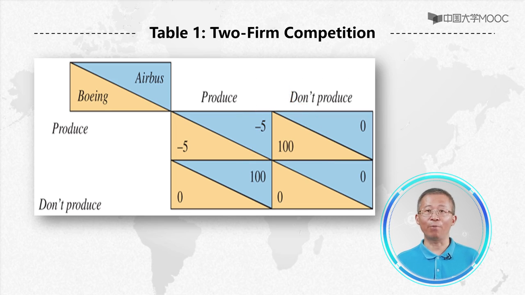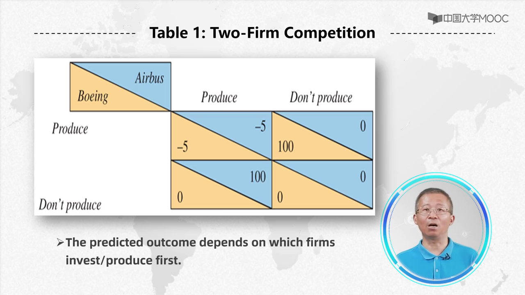From the payoff matrix, we can see that if either firm alone manufactures the aircraft, it will attain a profit of 100. If both firms manufacture the aircraft, they will suffer a loss of 5. Boeing and Airbus technology are identical, so which firm will actually get the profit? It depends on who gets there first.